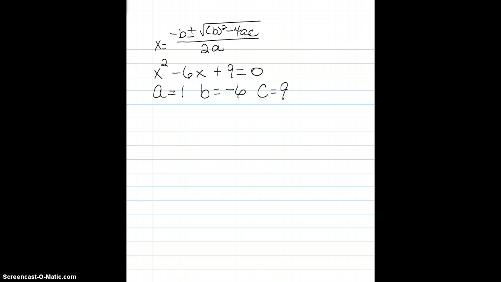So now I'm just going to take these numbers and put them into the quadratic formula so that I get the opposite of negative 6 plus or minus the square root of negative 6 squared minus 4 times 1 times 9, all of this over 2 times 1.